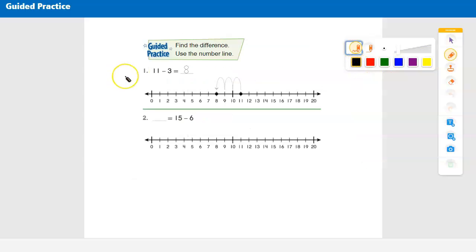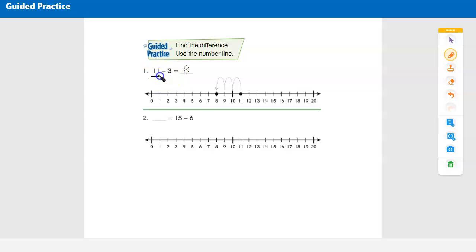Now let's look at our guided practice on page 162. It tells us to find the difference and use the number line. So number 1 is already completed for us. Let's look at how they did it. The equation says 11 minus 3 equals, and then they have the answer of 8. Well, let's look and see how they used the number line to solve.